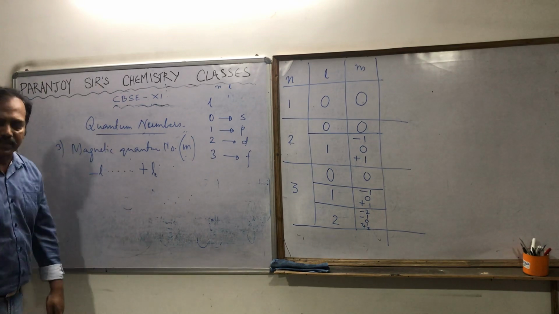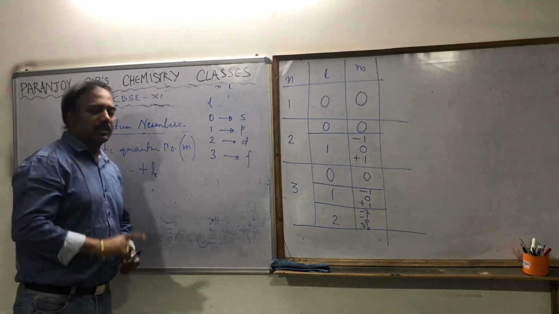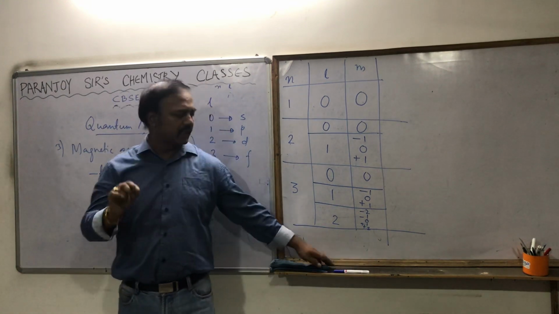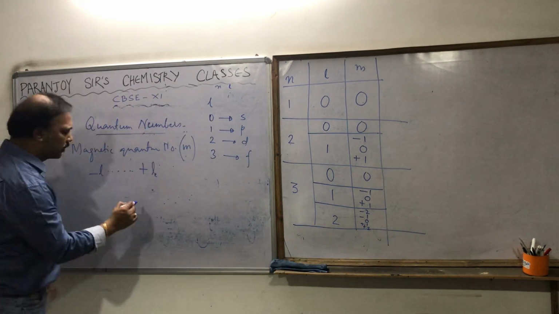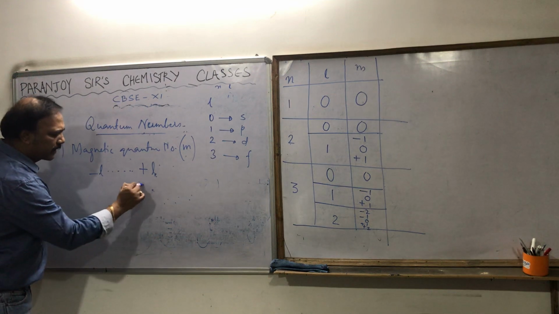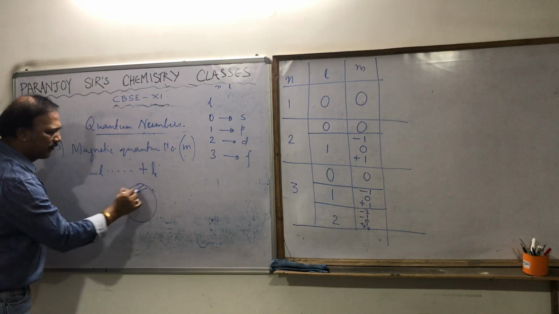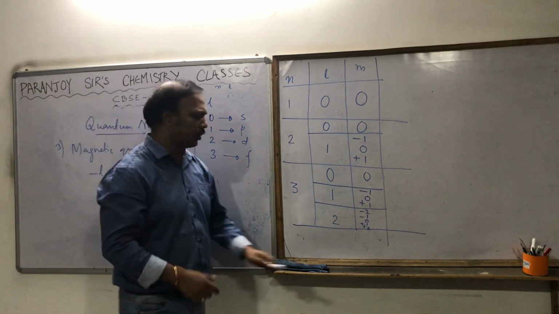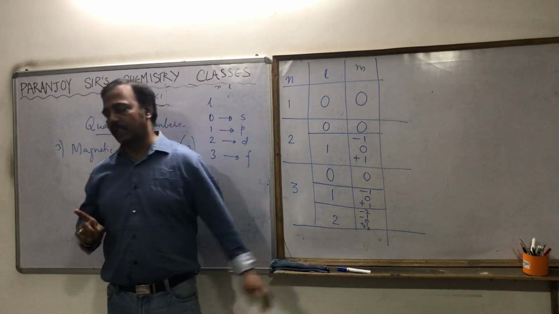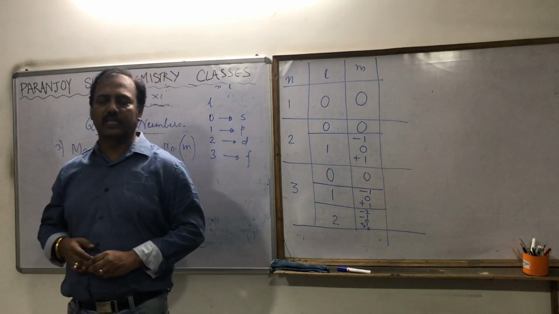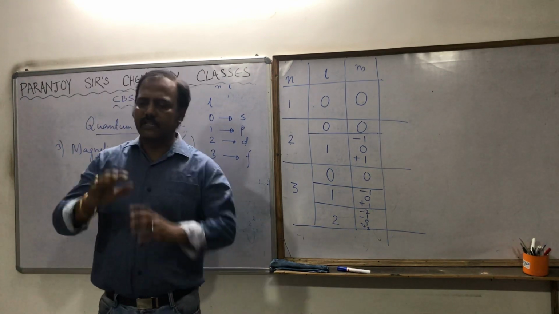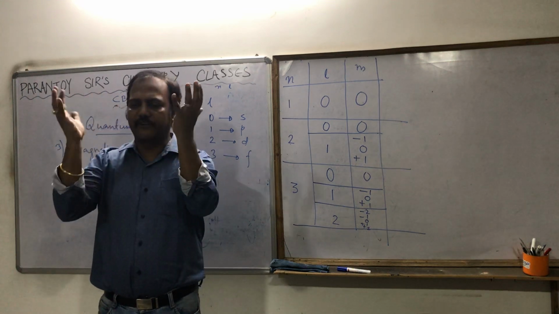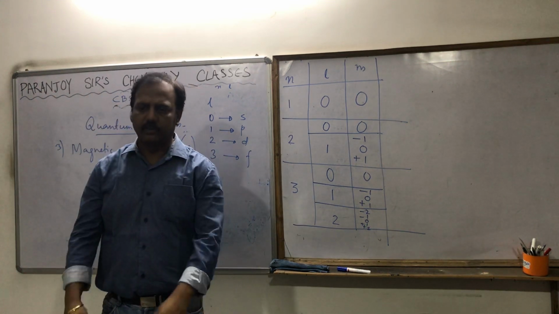What does it indicate? Try to understand. This is the nucleus, and this is the sphere. This means s orbital. We are talking of the s orbital. The nucleus is at the center and the sphere is surrounding the nucleus.